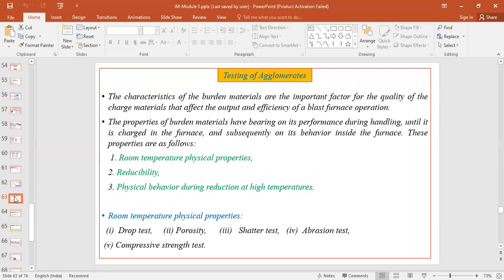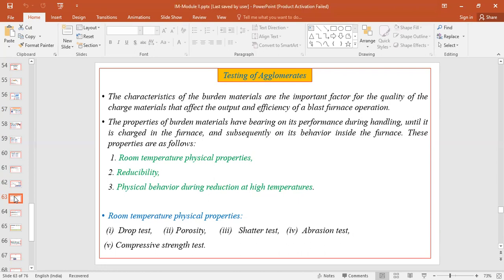But before we charge any raw material into the blast furnace, in the previous module we have seen that the coke, whatever it is prepared by, either by slot kind of ovens or by non-recovery coke ovens, before we subject this coke as a fuel into the blast furnace, we have done some tests to check the feasibility of this coke to sustain blast furnace environments.